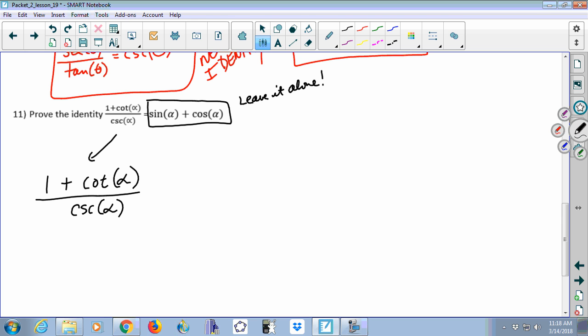We could start in different places. I'm just curious to see what you might do. Just 1 over tangent. Yes, that's one approach. So let's look at the different approaches.